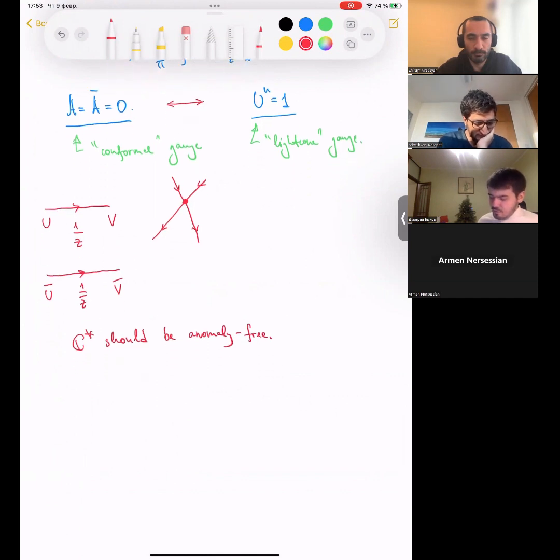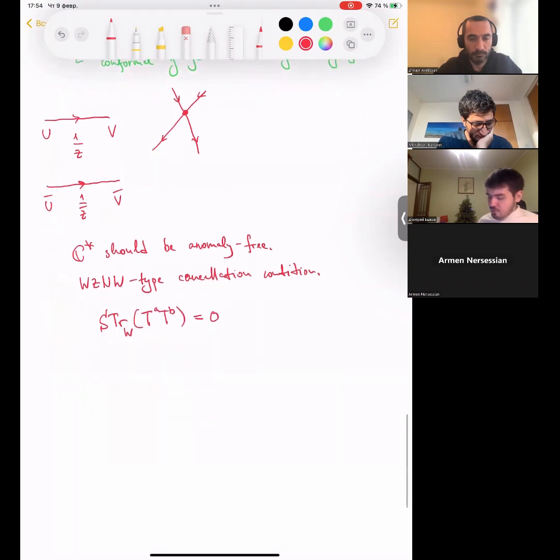This is a Wheaton type cancellation condition. It says that the supertrace of a product of 2 generators should be 0 in your representation W, in which U variables live.